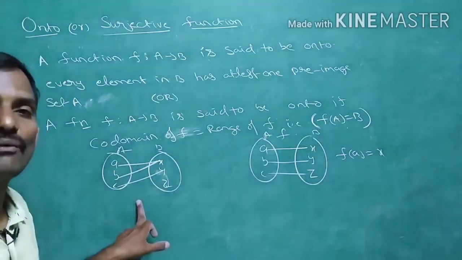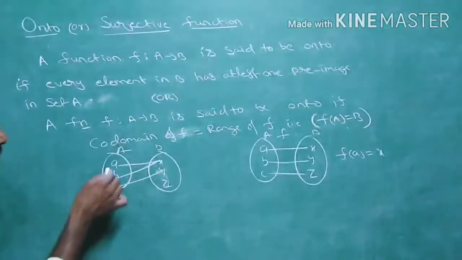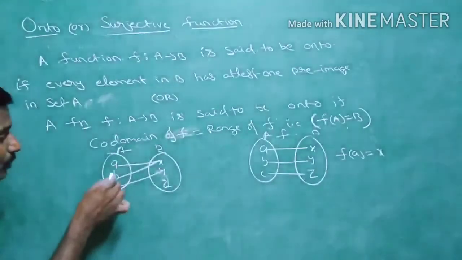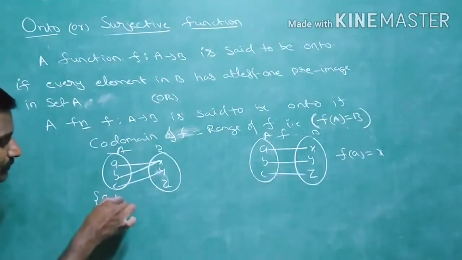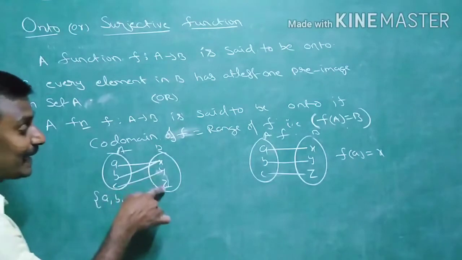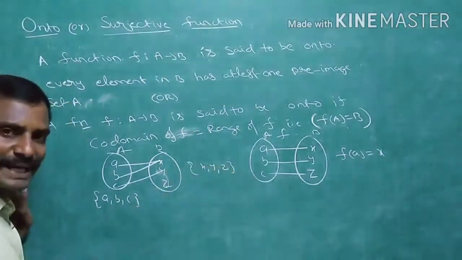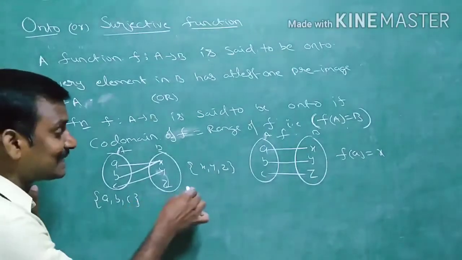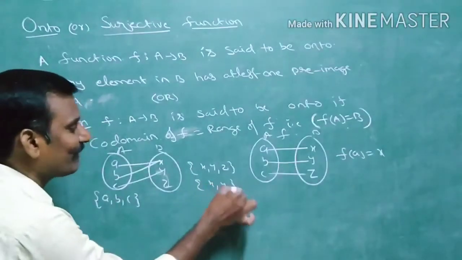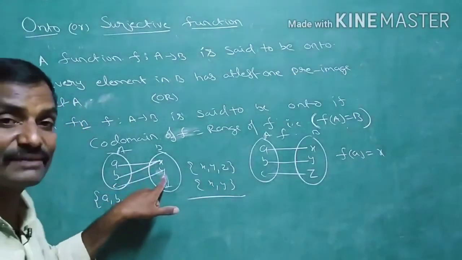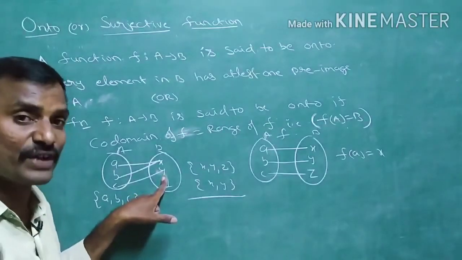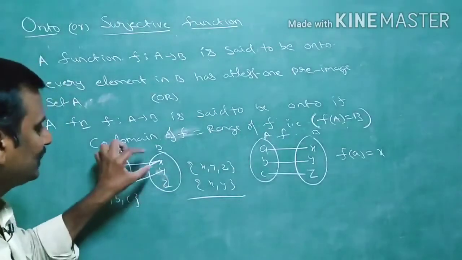What is the domain here? Domain is ABC. Codomain is XYZ. Range is only X and Y. What is the range? The set of f images is called the range.